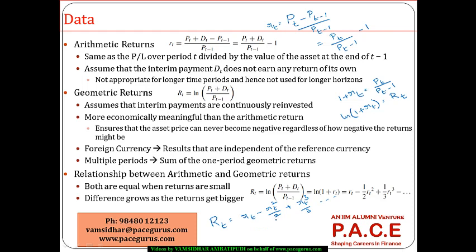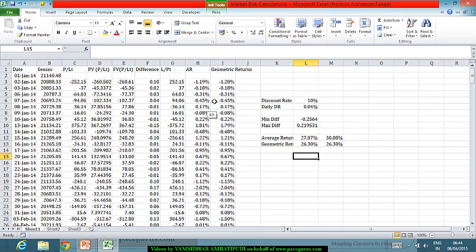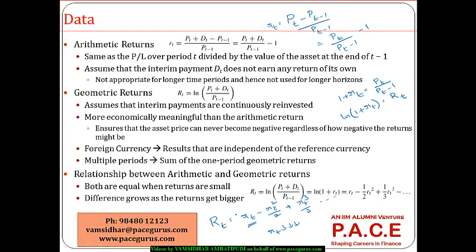Now what you could see is, if Rt, which is the return, is very small, I could clearly see that these two are more or less the same. Otherwise, I see that the capital Rt will be lesser than the small rt.